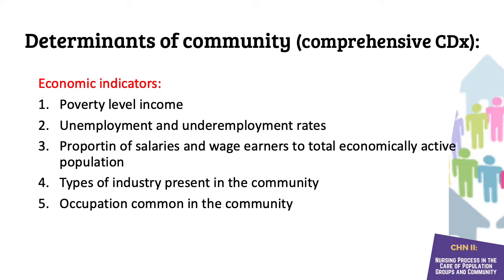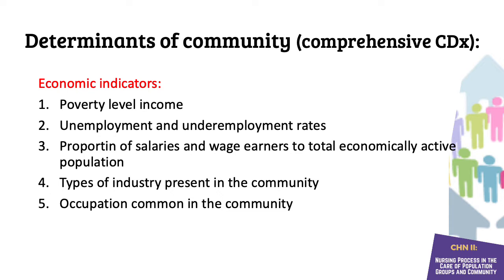Another indicator is the unemployment and the underemployment rates. So, unemployment means no job, and underemployment occurs when a person does not work full-time or has work but it does not reflect their actual training or financial needs. Okay? What they earn is not enough for their actual training or education or skills.